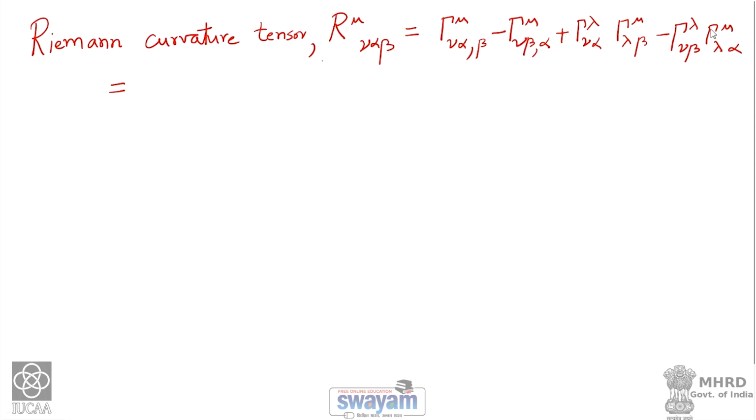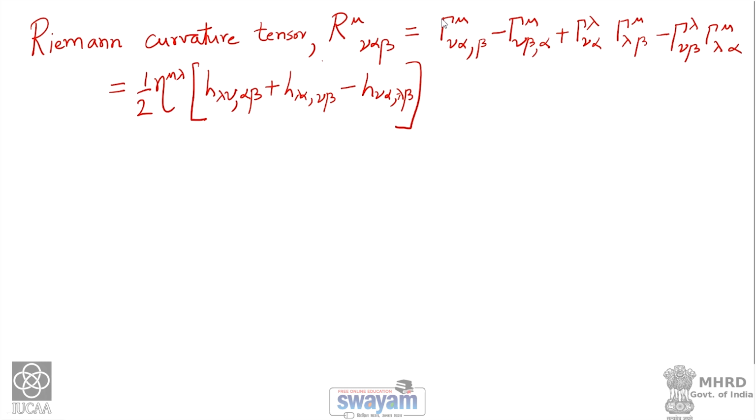They are quadratic corrections, and hence I need to only take into account these two terms, which will be half eta mu lambda into h lambda nu comma alpha, but there is also a derivative with respect to beta, then there will be h lambda alpha comma nu, but again there is a derivative with respect to beta, and then minus h nu alpha with derivative with respect to lambda, but there is also a derivative with respect to beta.